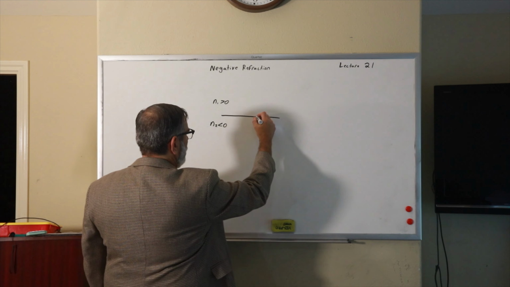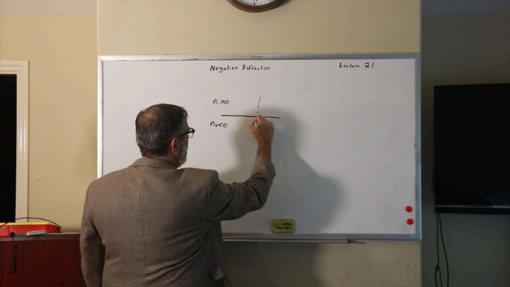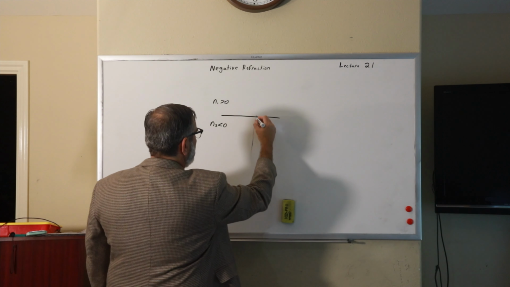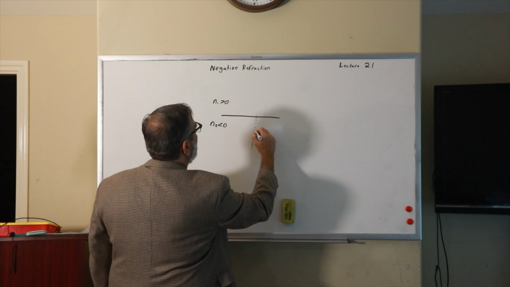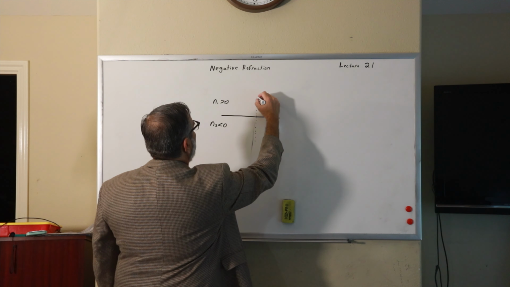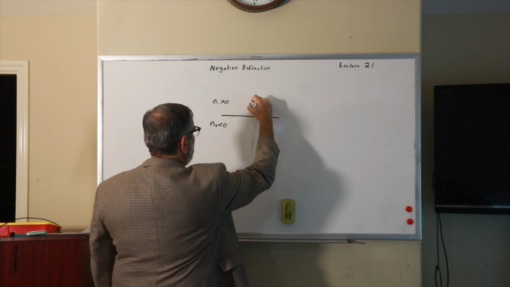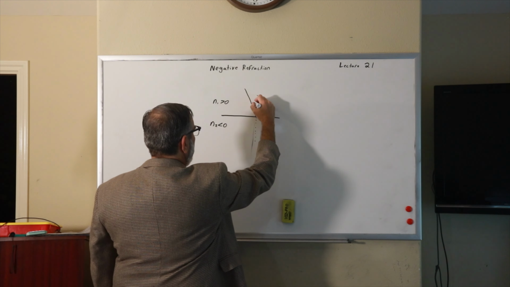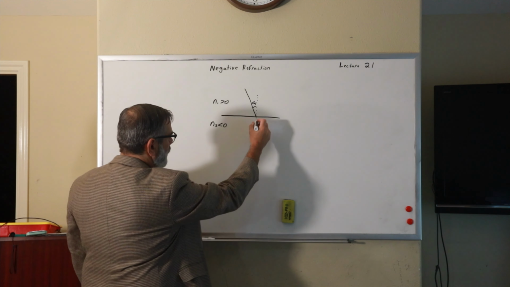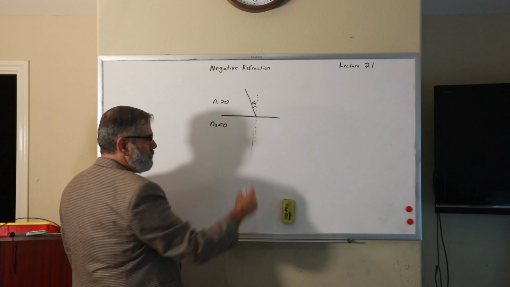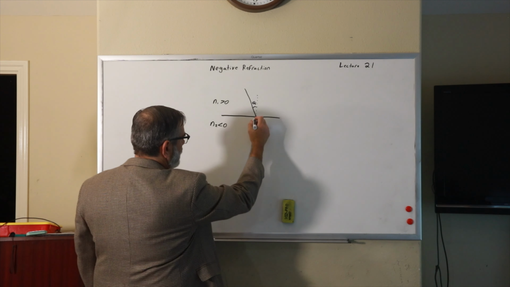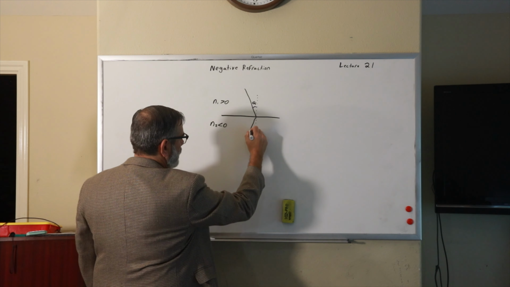Well, as it turns out, one thing that it means is that if we come in with a ray at some angle of incidence, it'll still kind of bend towards the normal, but the weird thing is that instead of bending on this side, it bends on this side.